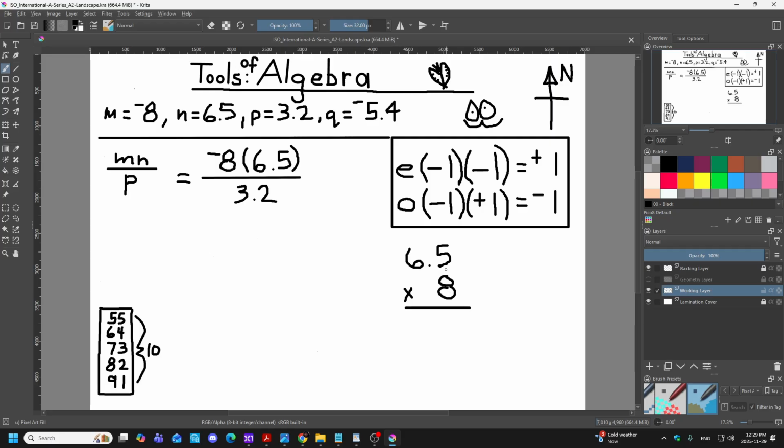We have 8 times 5 is 40. Carry the 4. 6 times 8 is 48. Plus 4, 49, 50, 51, 52. No decimal jumps here. There is one decimal jump here.